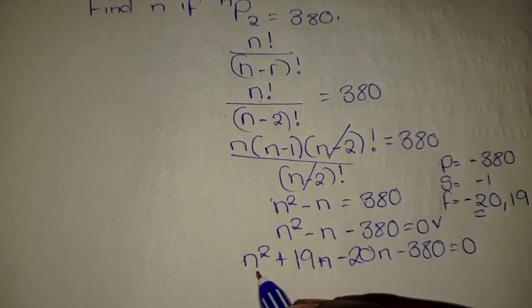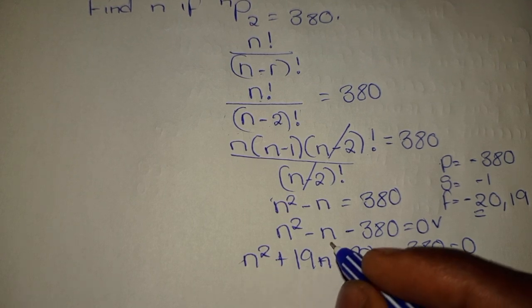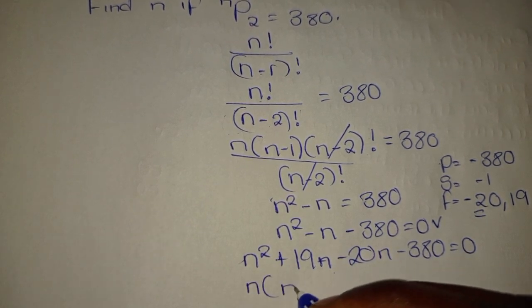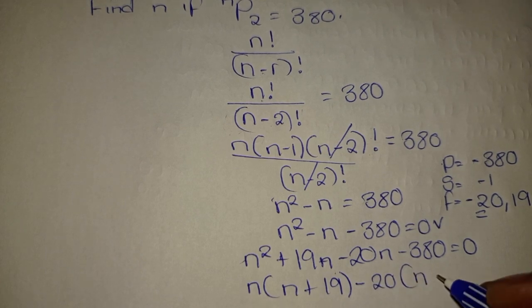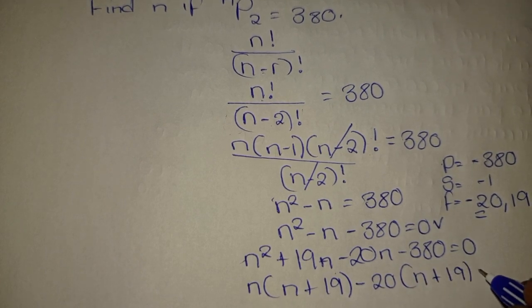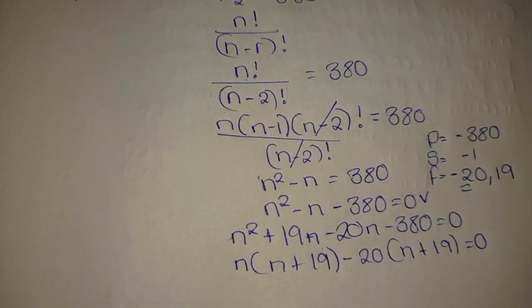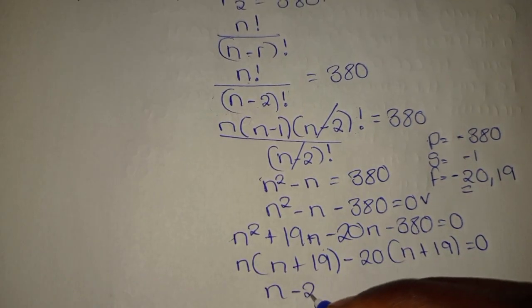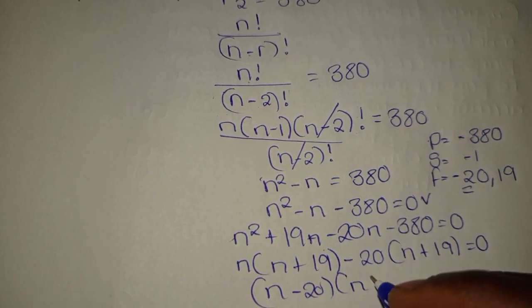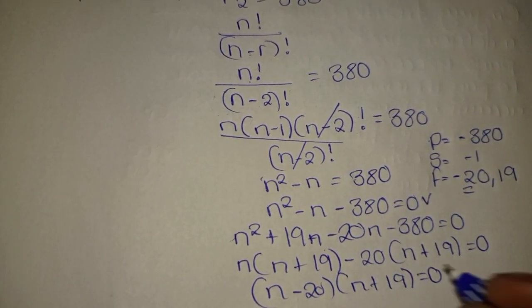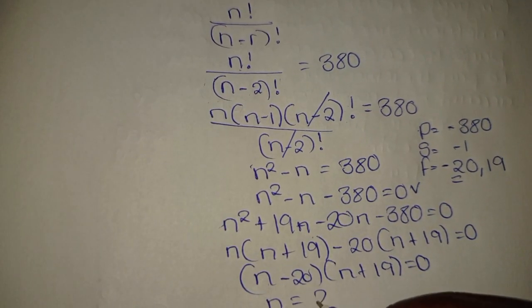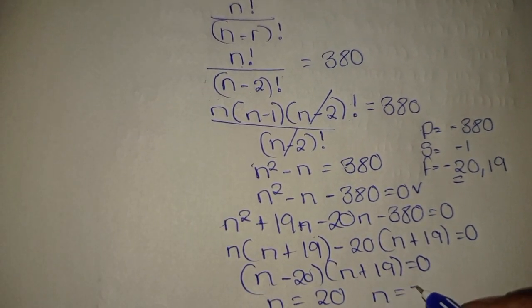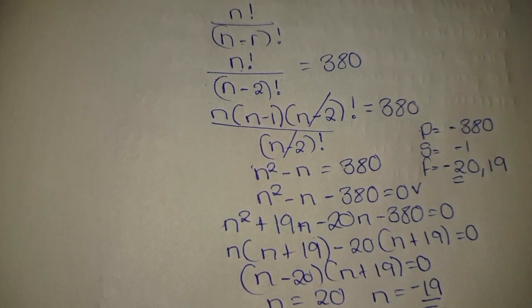From here, we factorize: n plus 19, negative 20, n plus 19 equal to 0. So we have n minus 20 and n plus 19 equal to 0. From here we can find the value of n. So n is equal to 20 and n is equal to negative 19.